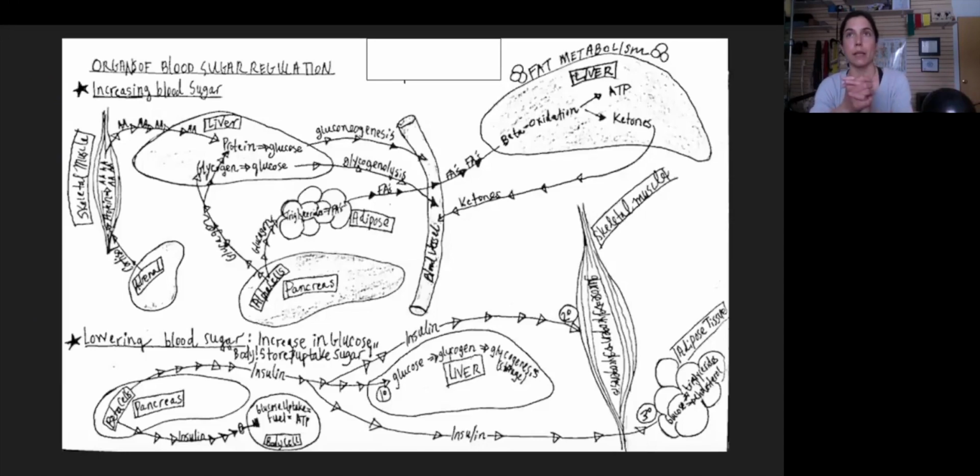So as our body is motoring around, this is a drawing I used to understand the organs of blood sugar regulation. Our ability to resist fatigue is really our ability to get energy to our muscles and keep our muscles moving, right? And we want to keep them moving with fuel sources that are long lasting and that yield a lot of energy for the weight of the fuel resource that we're talking about.